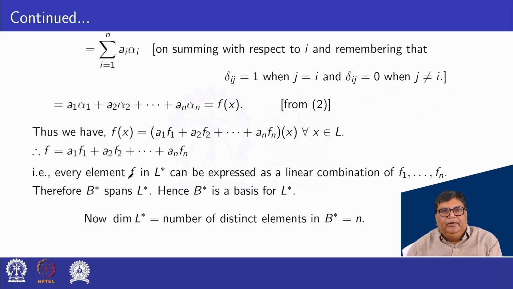That is, every element f in L star can be expressed as a linear combination of f1, f2 and so on fn. Therefore, B star spans L star. Hence, B star is a basis for L star. Now, dimension of L star is equal to the number of distinct elements of B star, which is equal to n.